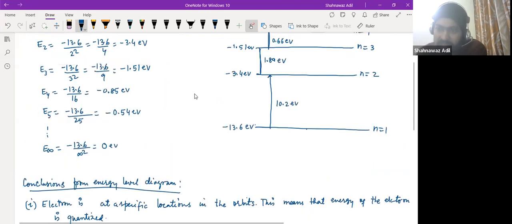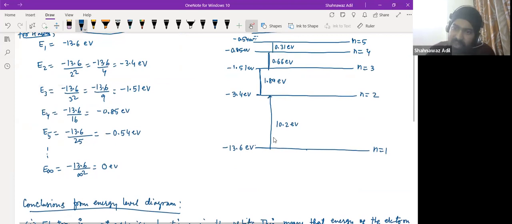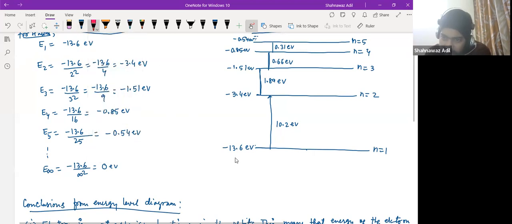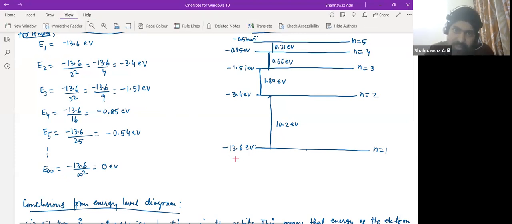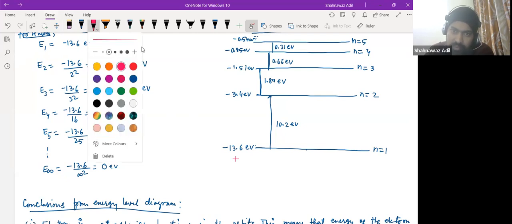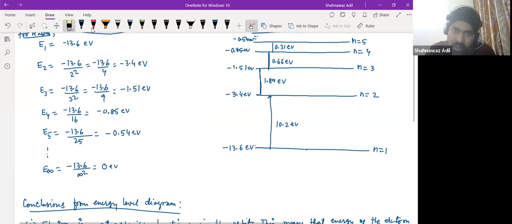So let's say I give this electron, which is here, 9 electron volt energy, right?